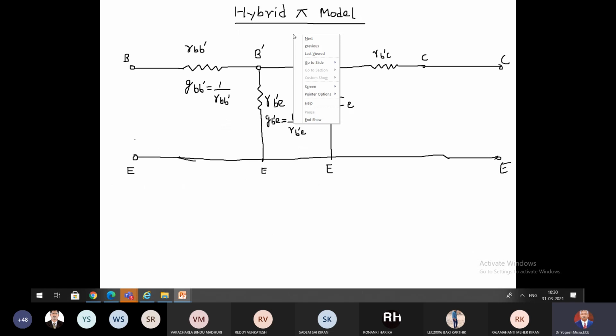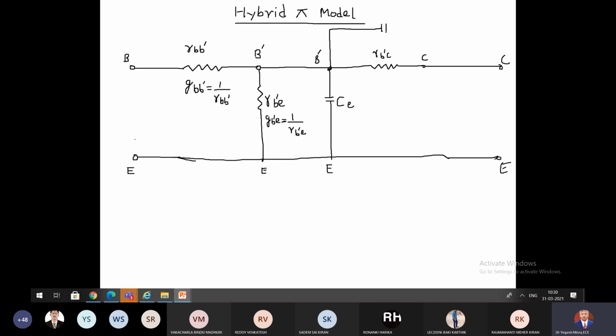This is B dash, right? So between B dash and C, there is a capacitor.